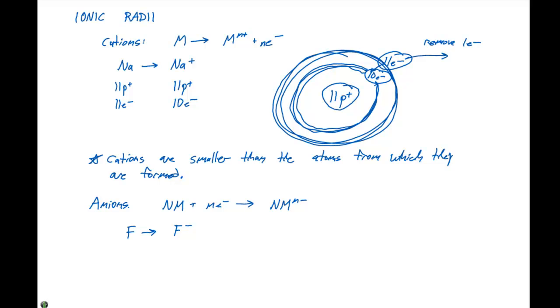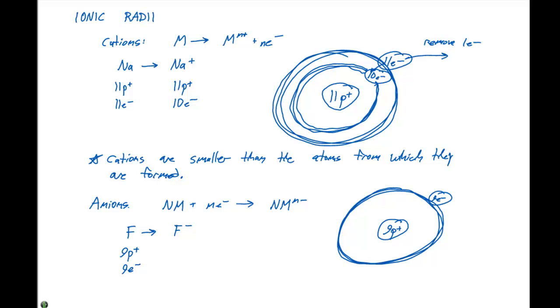If we look at fluorine, there are 9 protons and 9 electrons. So if we put these 9 protons in a nucleus and we put our electrons surrounding that nucleus, we're going to have 9 electrons surrounding it.